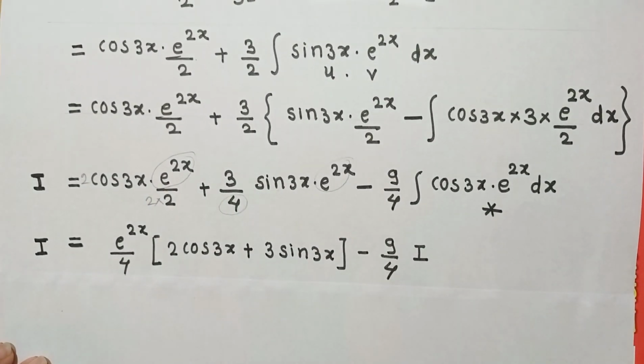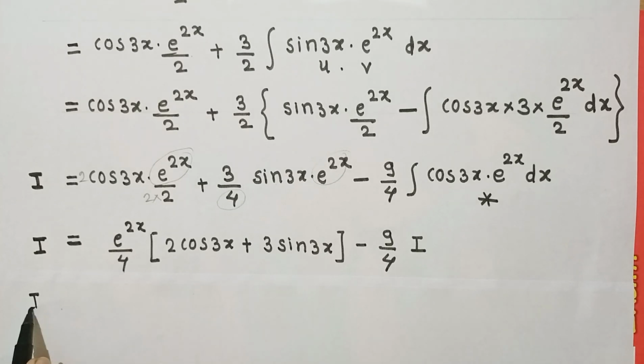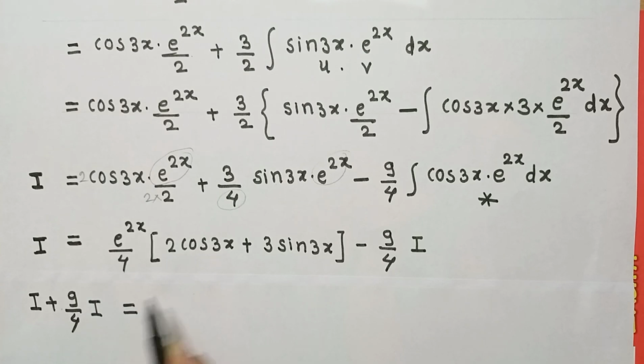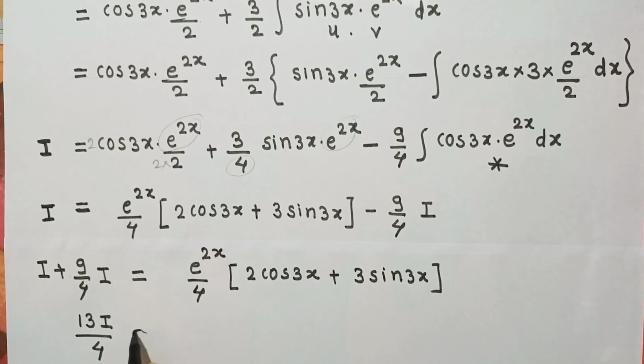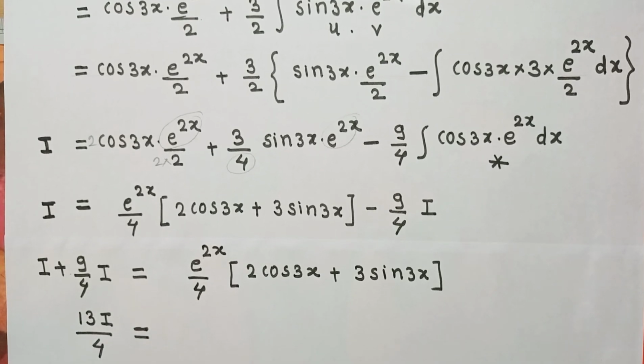So again we have I plus 9 upon 4 I, and that is equal to this term as it is. Now here make denominator same. So 4 plus 9, 13I upon 4, and this right hand side as it is.